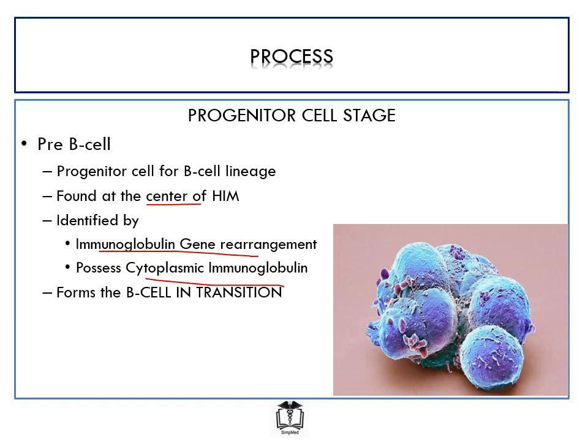Remember that these are B cells, and B cells are notorious for the production of antibodies, what we call immunoglobulins. These antibodies tend to already be found in the progenitor cell stage, usually within the cytoplasm of the pre-B cell. The pre-B cell eventually would undergo cell differentiation, division, and then mature to form the precursor cell stage known as the B cell in transition. We'll talk about that when we get to that aspect of the module.